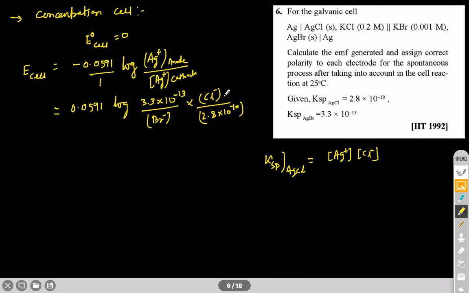Now this Br minus concentration we know, which is 0.001, and Cl minus concentration we know, which is 0.2. When you substitute all this here, you'll get E cell.